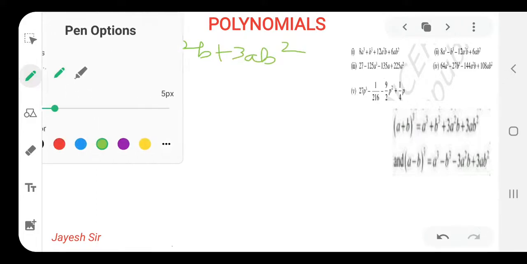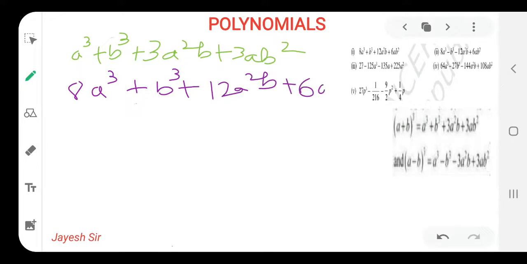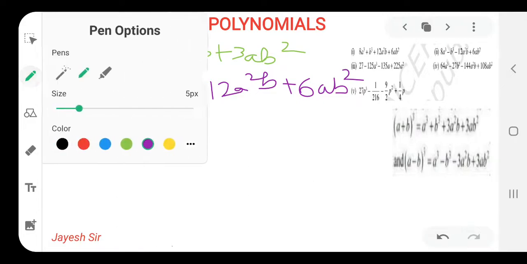Yes friends, we will compare it with the given question that is written over here: 8a cube plus b cube plus 12a square b plus 6ab square. This is our question, so we'll compare it with the right hand side of the formula.